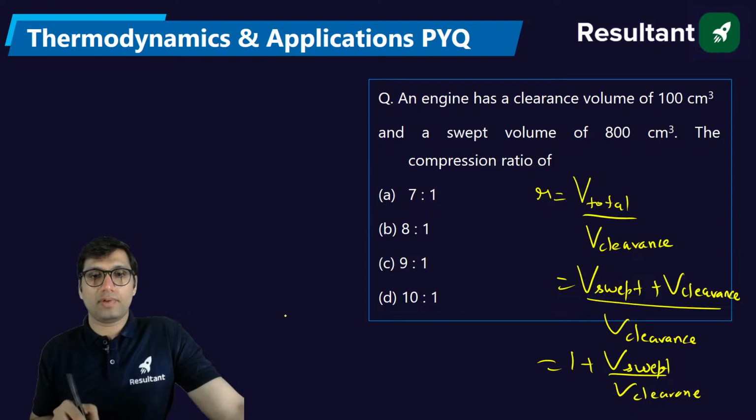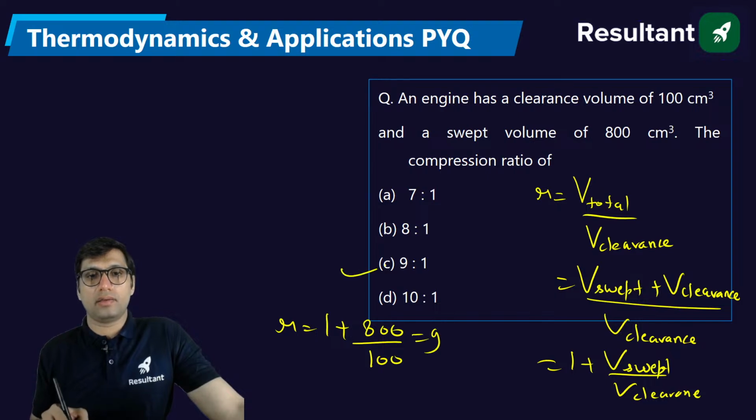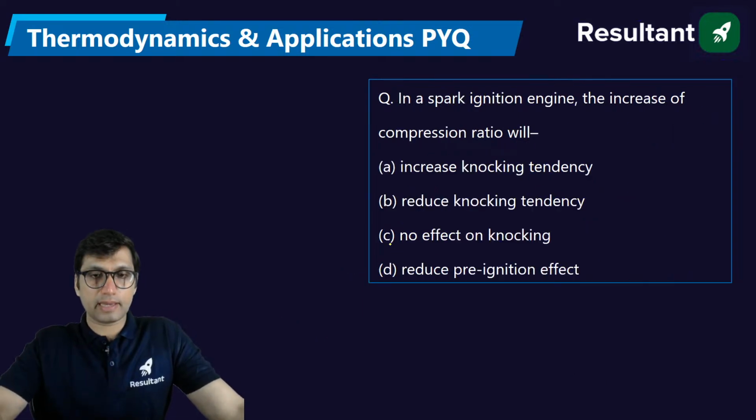Just put the values: compression ratio is 1 plus 800 divided by 100, you will get 9. It will be 9:1. Clear?